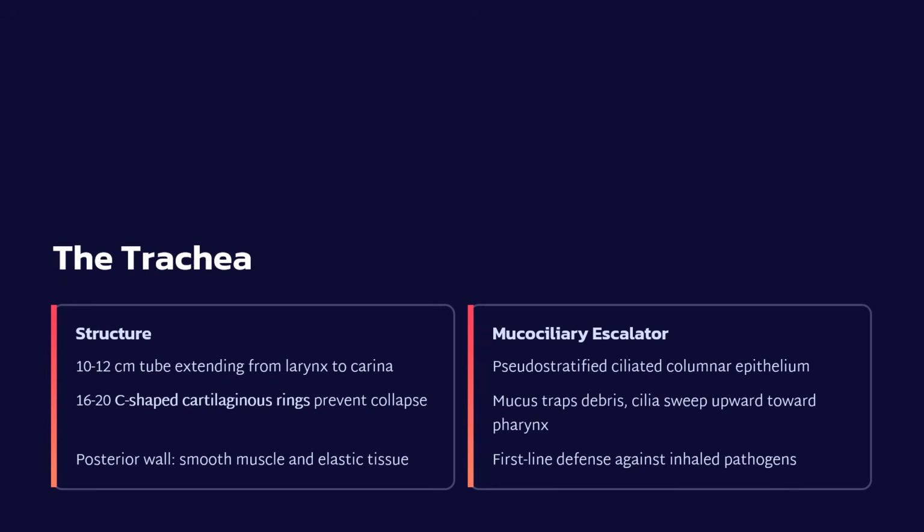So its inner lining has cilia and mucus secreting cells that trap dust and microbes and move them upwards toward your pharynx. So the epithelium in your trachea is your pseudostratified ciliated columnar epithelium.